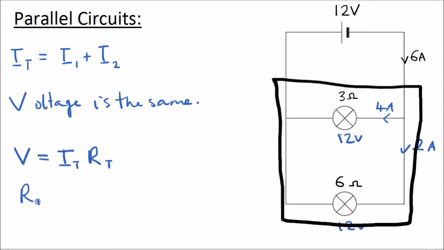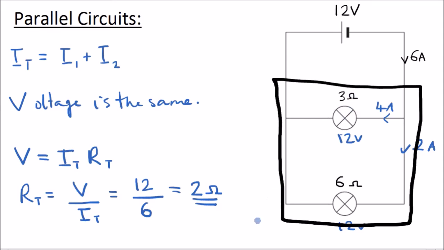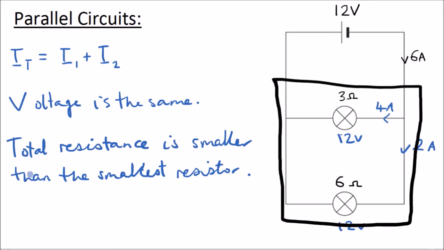So if we rearrange, the total resistance is the voltage from the battery divided by the total current. So that's 12 volts divided by 6 amps, which means that the total resistance is only 2 ohms, and that's smaller than the smallest resistor we had in the parallel circuit. So we can see that the total resistance is always smaller than the smallest resistor in a parallel circuit.